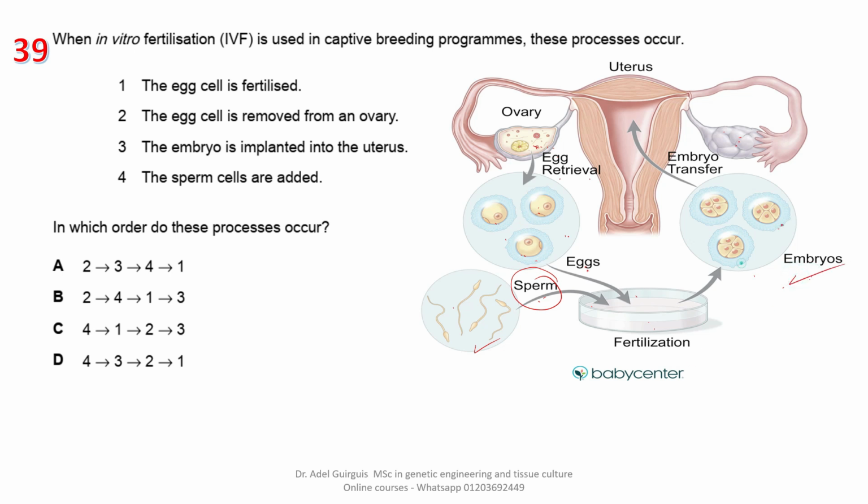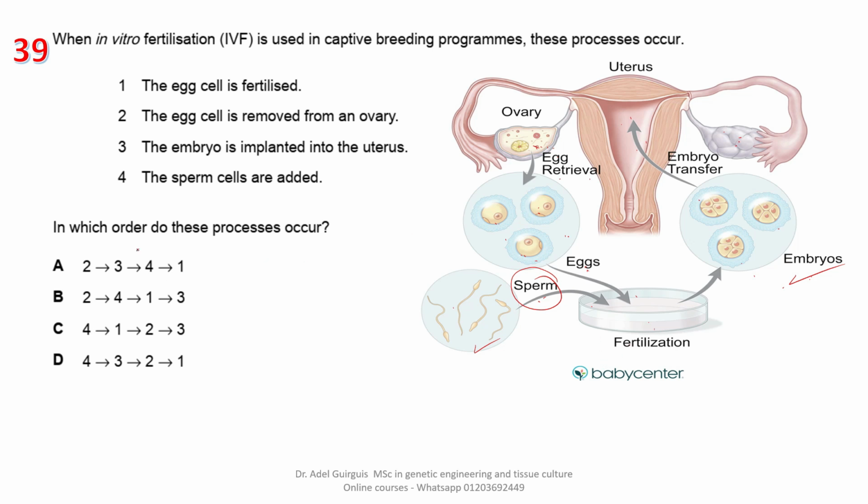The embryo is examined firstly and chosen to be implanted inside the uterus of the female or another female closely related to the same species. They act as surrogate mothers instead of females of the species at risk, endangered species.